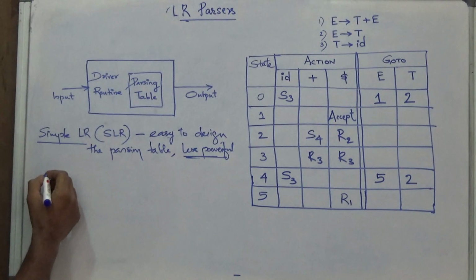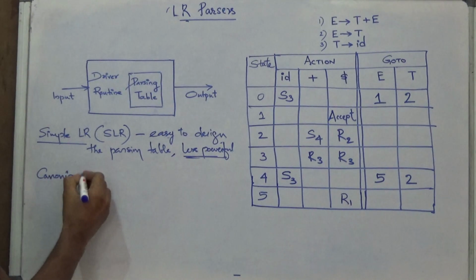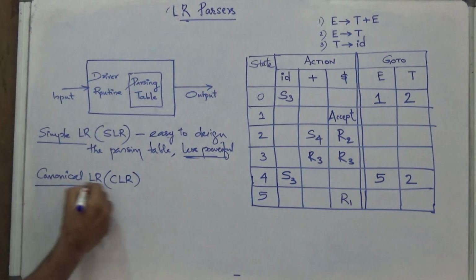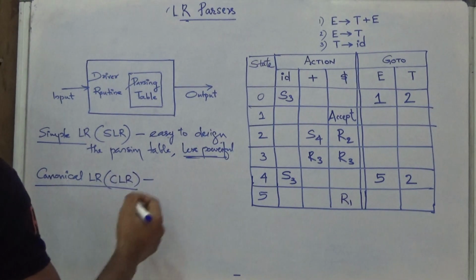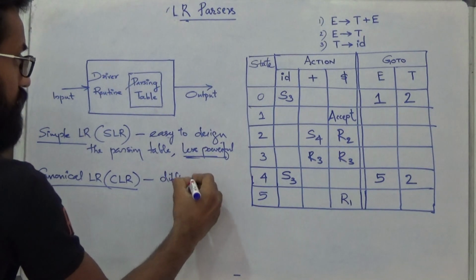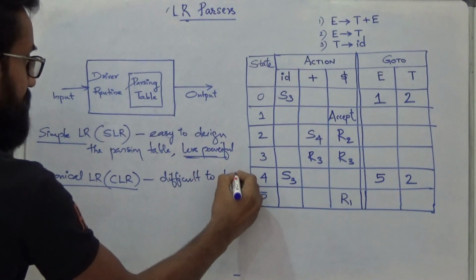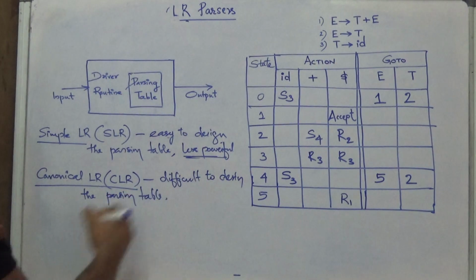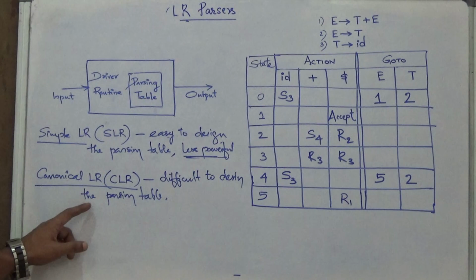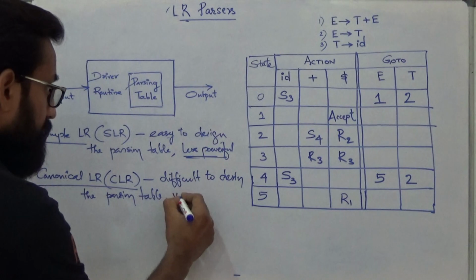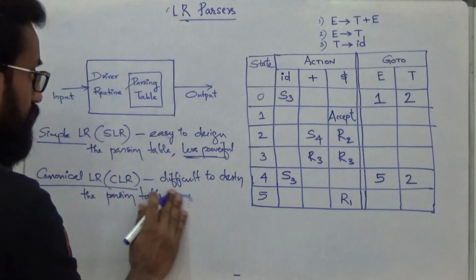The second one is the canonical LR parser, termed CLR. It is pretty difficult to design the parsing table as compared to the remaining LR parsers, but it is very powerful, in fact the most powerful.